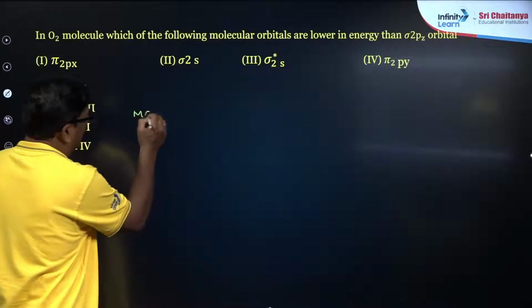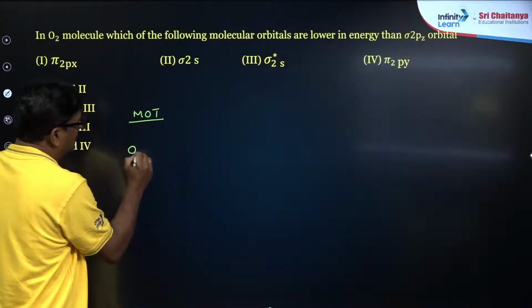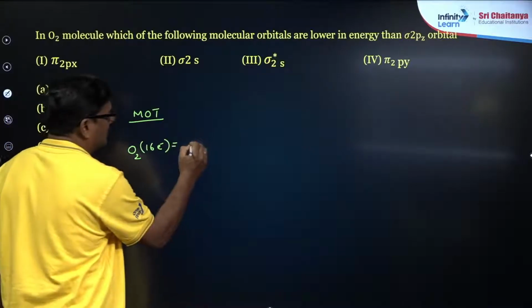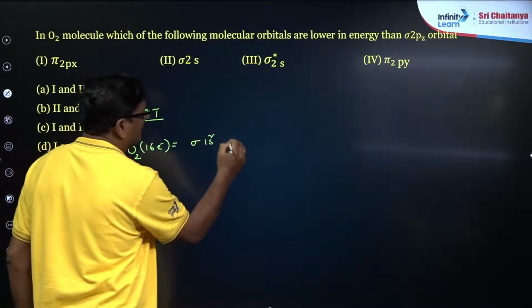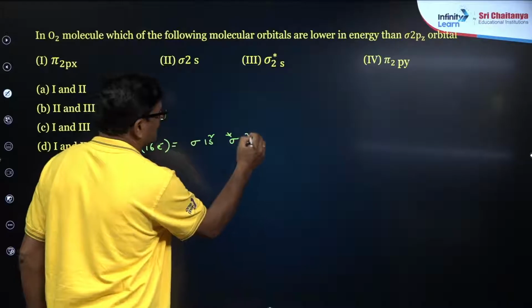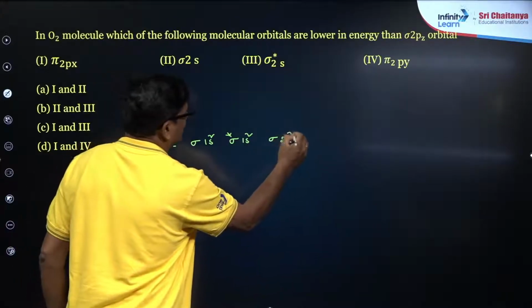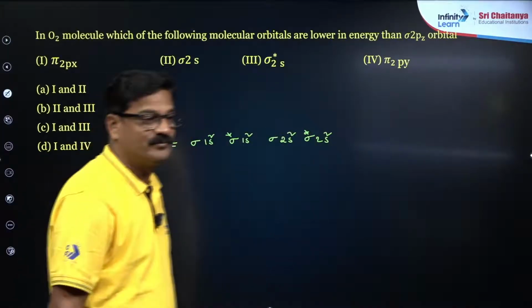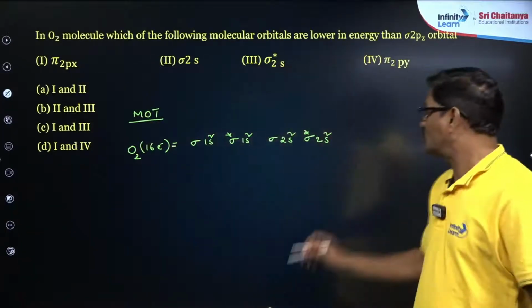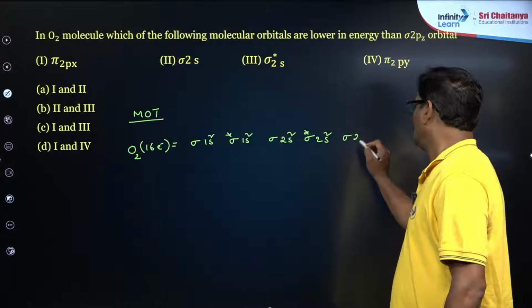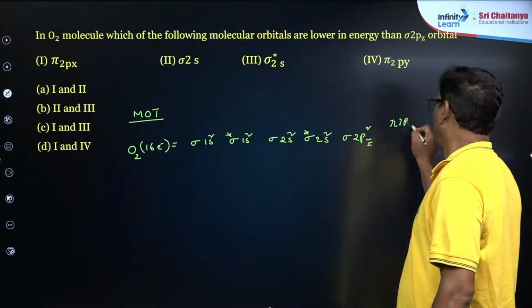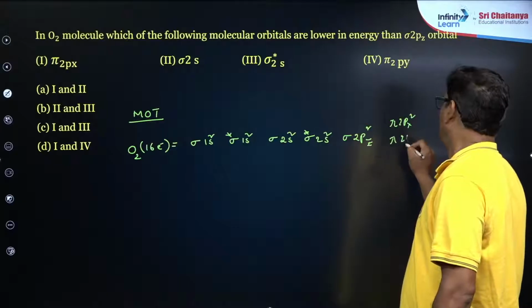According to molecular orbital theory, the oxygen molecule has 16 electrons and its configuration is sigma 1s2, sigma star 1s2, sigma 2s2, sigma star 2s2. Now the story begins. It is going to be sigma 2pz2 and pi 2px2, pi 2py2.